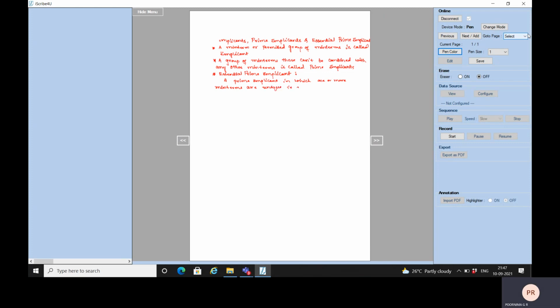That is, at least one minterm not contained in any other prime implicants. So these are the three definitions that we must know when we are simplifying the K-maps.